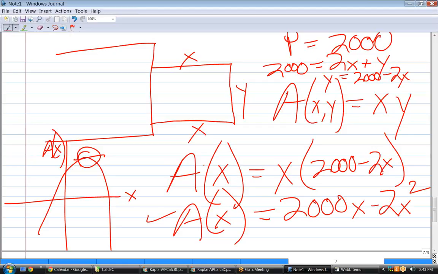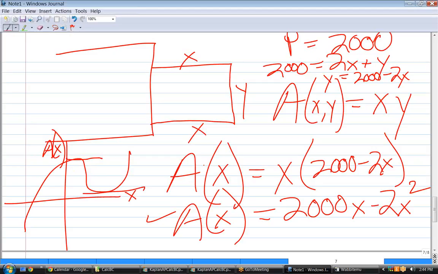So the key of optimization problems is you take your function, you take the first derivative of it, you set it equal to 0, and that's going to give you all the extrema. It's going to give you maximums or minimums. In other words, maybe I have an area function that looks like this. Well, obviously, if I take the derivative of that area function and set it equal to 0, I'm going to find that point, and I'm going to find that point.